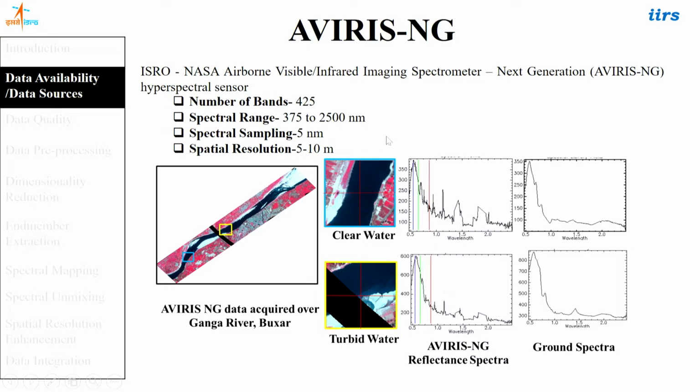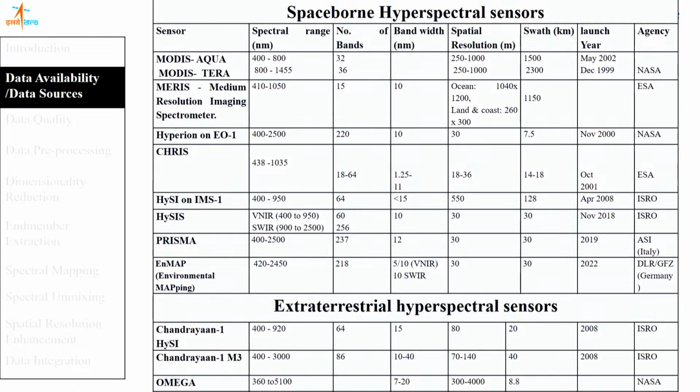Regarding the water quality, when the water was in the center part of the river, the reflectance was good, but there was a drainage opening here, and because of this drainage, the contaminants getting added to this water made the reflectance go up. We compared with our ground spectra also, and you can see this result was quite comparable. So we can use this hyperspectral data for water quality analysis as well.